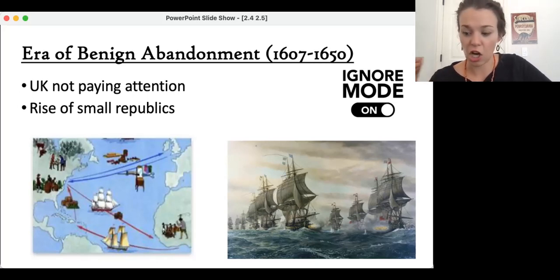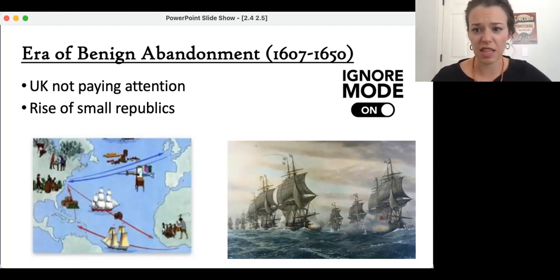This gives colonists a lot of freedom, and we can do whatever we want. We set up our own governments, right? Think about the House of Burgesses or the General Court. We can set our own voting rules, our own rules about religious liberty, about education of women, what rights minority groups have.